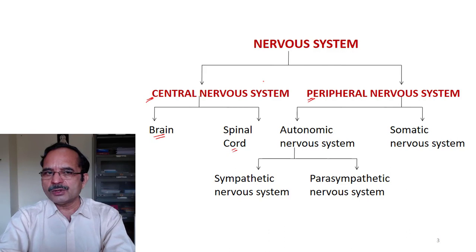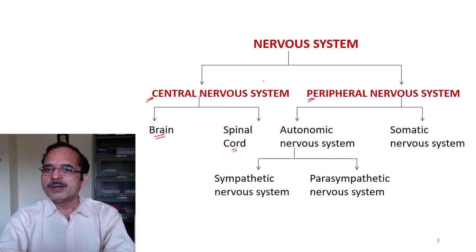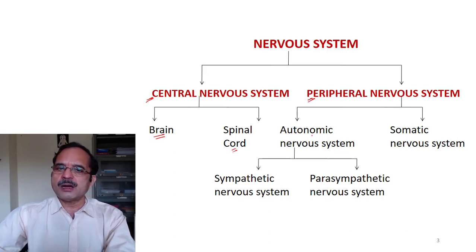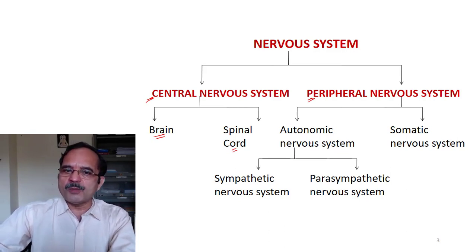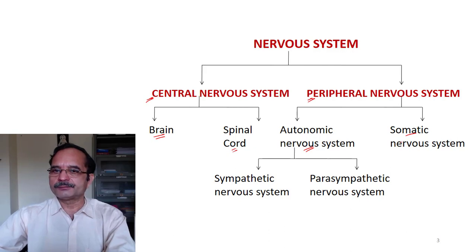That part of the nervous system is called the peripheral nervous system. Now again, this peripheral nervous system is classified into two parts: the autonomic nervous system, automatic, or also called the autonomous nervous system, and the somatic nervous system.